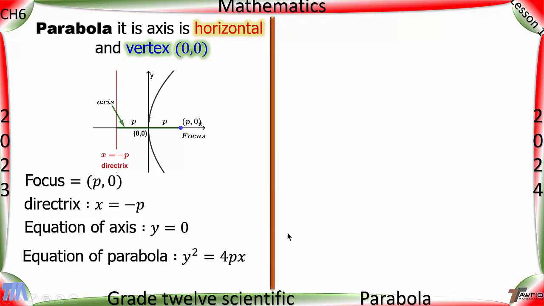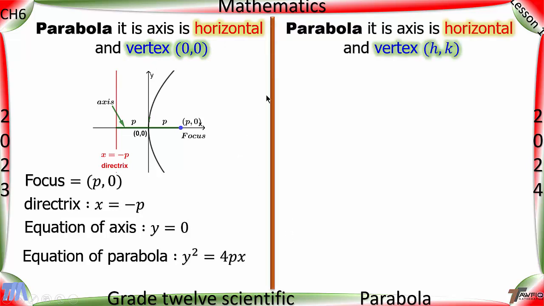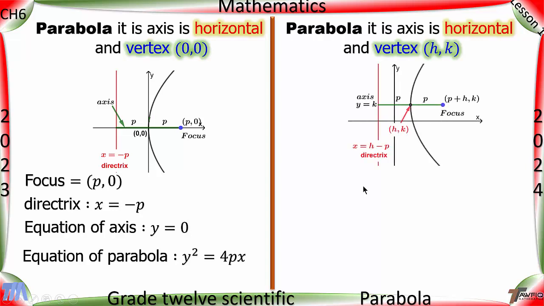In the second case, parabola whose axis is horizontal and vertex is (h, k). That means the parabola has moved from the origin. The graph looks like this.